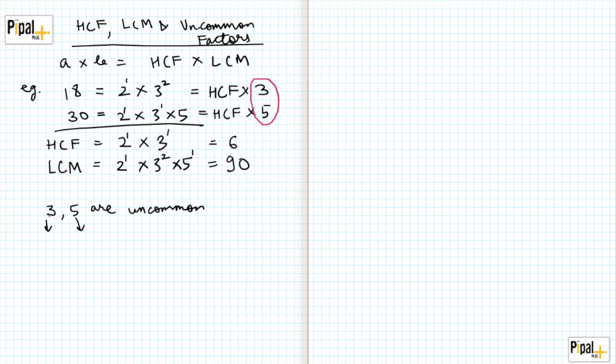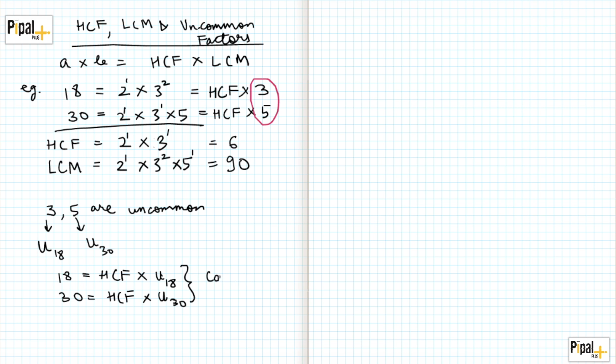So 3 and 5 are uncommon factors. So let me just write 3 as the uncommon factor in 18, and 5 is the uncommon factor in 30. So I can write my first number 18 as HCF into the uncommon factors in 18, and I can write 30 as the HCF again into uncommon factors in 30, and both of these are going to be co-primes.